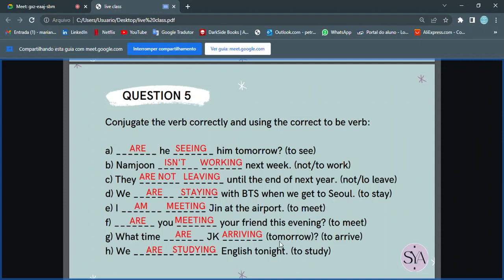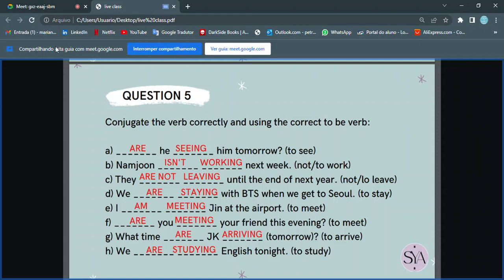You don't actually need a word for that, just if you want to specify when it's actually happening. So what time are JK arriving next month? What time are JK arriving tonight? And so on. We are studying English tonight.